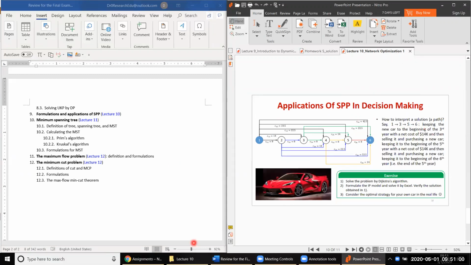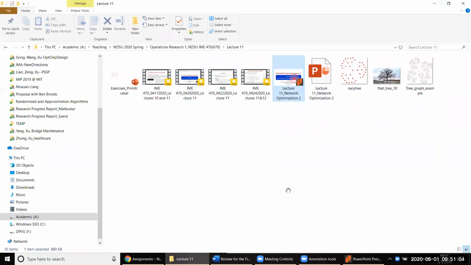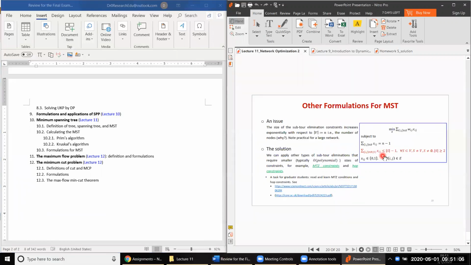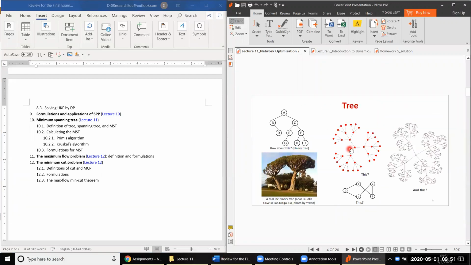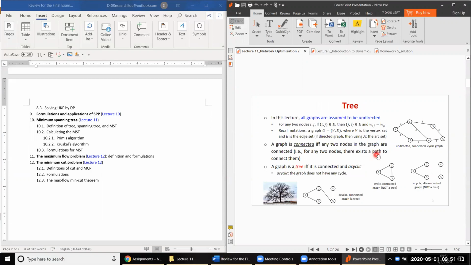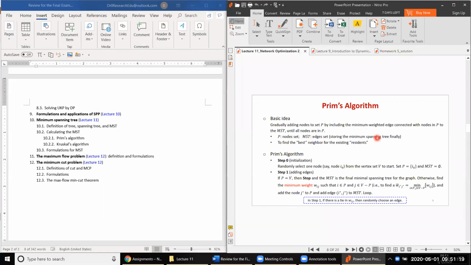Okay, and after it is what? The minimum spanning tree. For the minimum spanning tree, what is the definition of a tree? What is the definition of a spanning tree and minimum spanning tree? And after it, how to calculate the minimum spanning tree of a given graph.